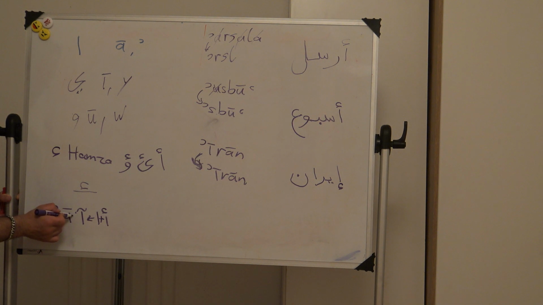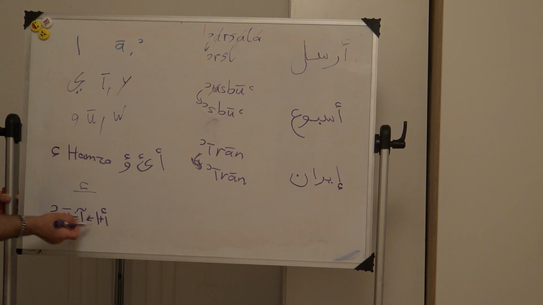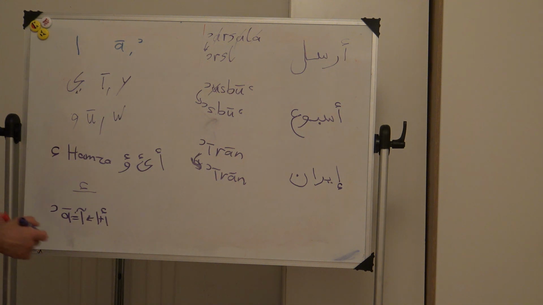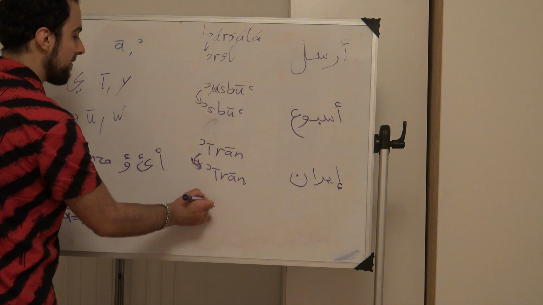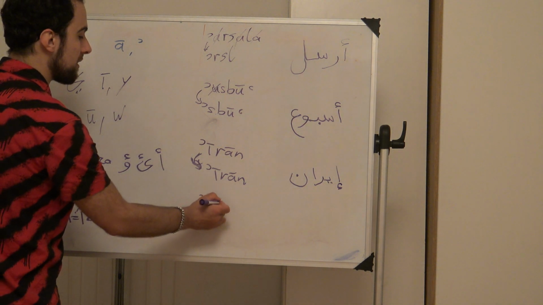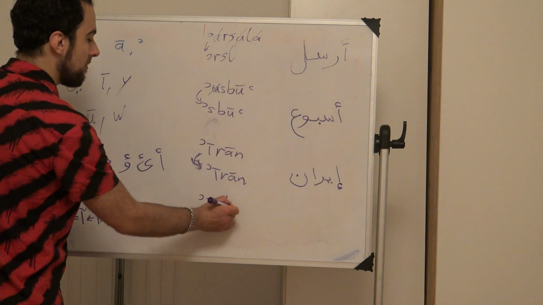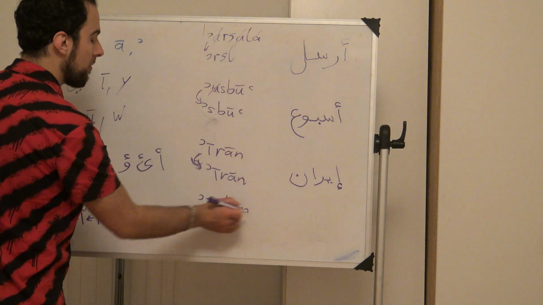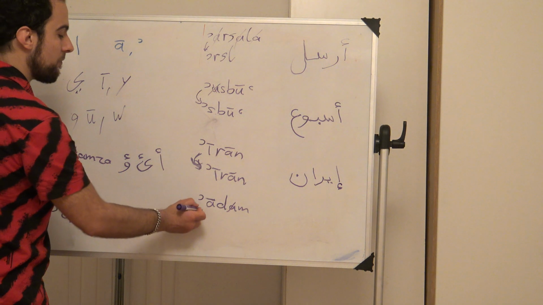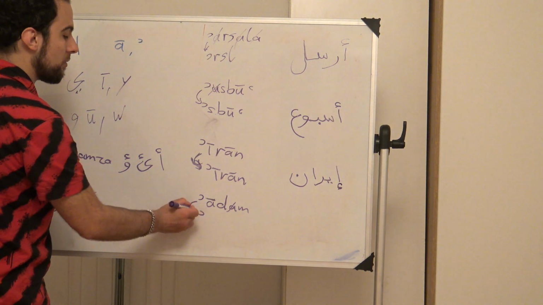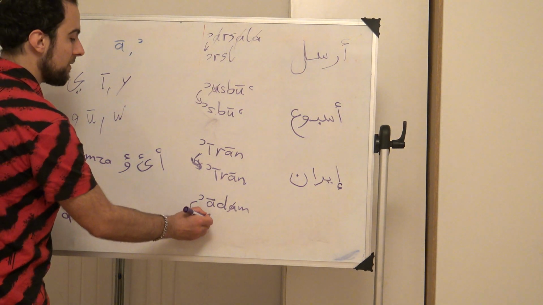That's how you write it. For this one, you can take the example of Adam, which was the first man, the first prophet in Islam. Adam, right? So what can you cut off? We can cut off this A because it's short. And what remains is this.